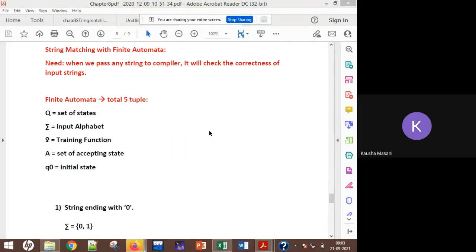I'll be taking this particular topic tomorrow, not today. We are taking one topic at a time because, seeing your capacity, I think it is too much for now. So this last topic of unit number 8, string matching with finite automata, tomorrow.